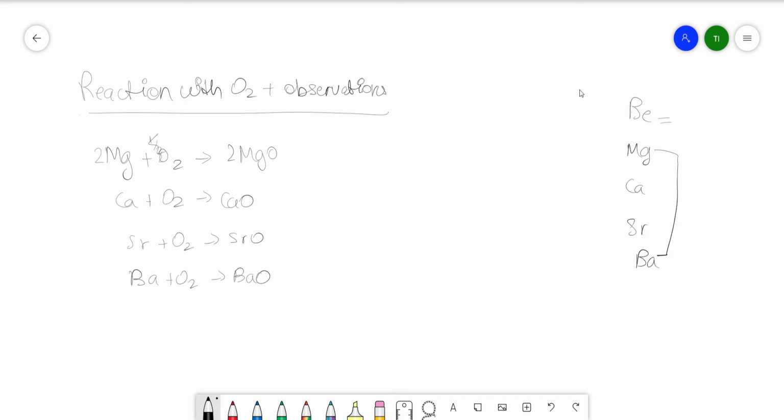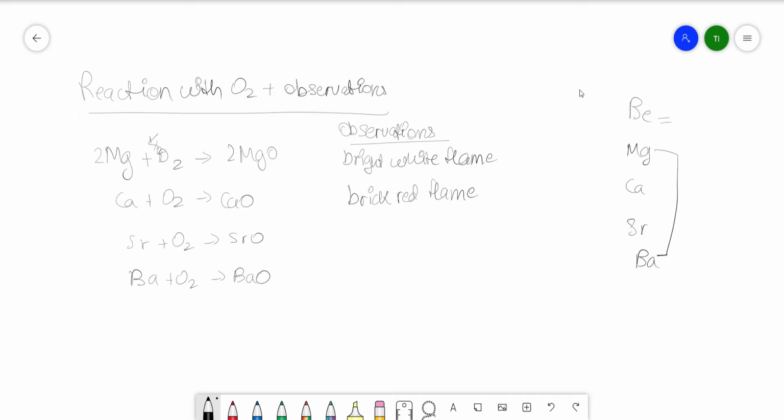But now the observations are important. Okay, so with magnesium, whenever oxygen reacts, a bright white flame is observed. Whenever there's a reaction with calcium, a brick red flame is observed.